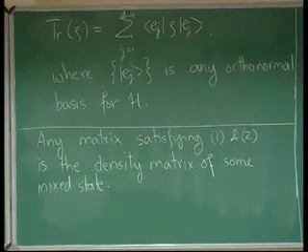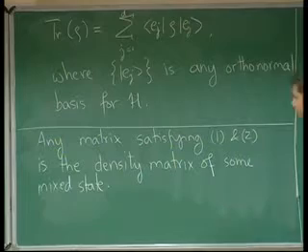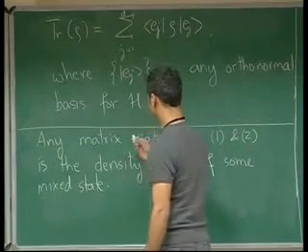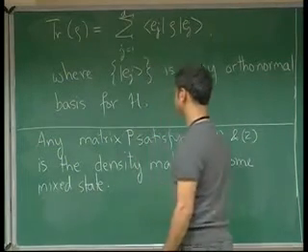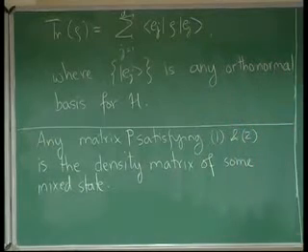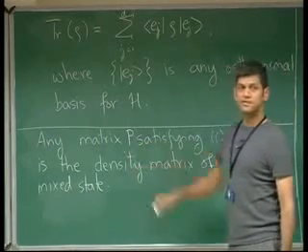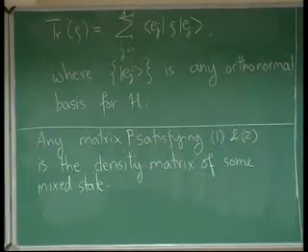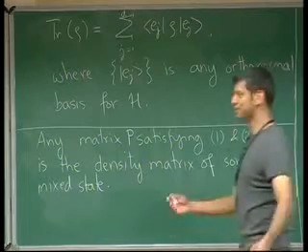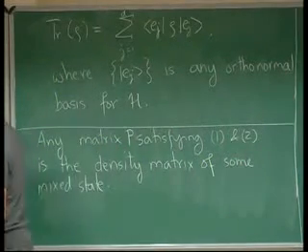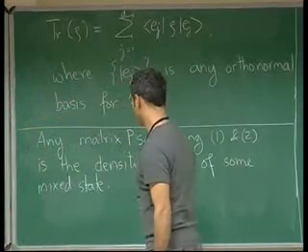Okay, and the reason for that is quite straightforward. Let's say the matrix is P. We know that every positive semi-definite matrix, or at least one should know, that it is unitarily diagonalizable.